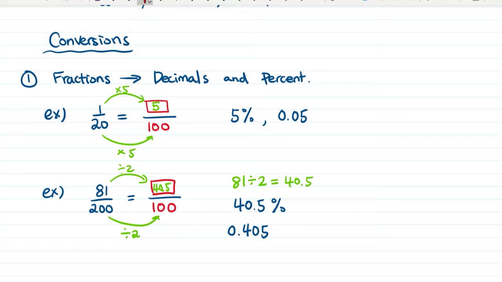We just need to move the decimal point 2 times to the left side, like this. And our new decimal point will be before the 4, and just fill in the 0 in front of the decimal point. That will be 0.405. So that's how you get the decimal value of a fraction.